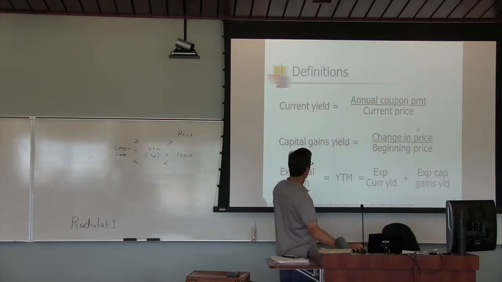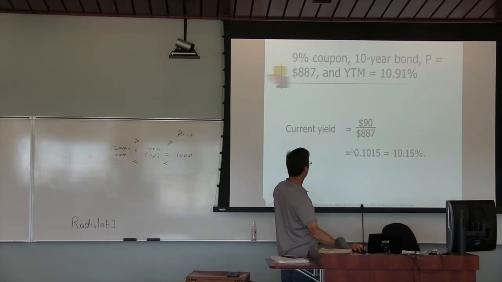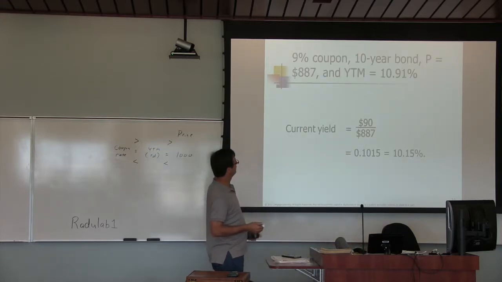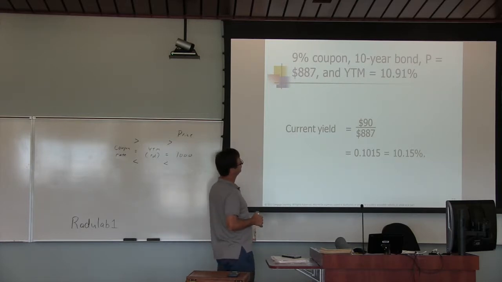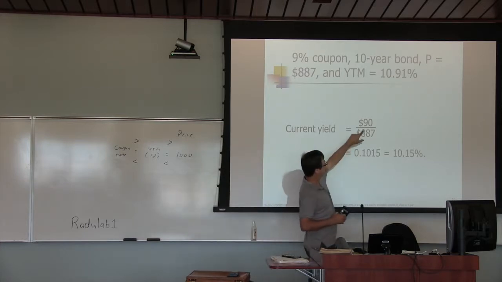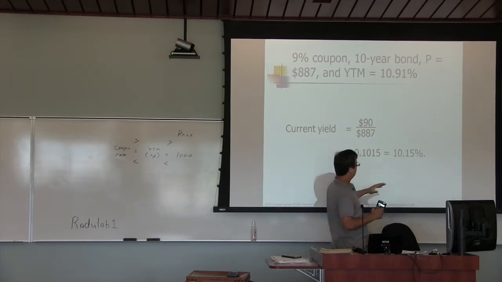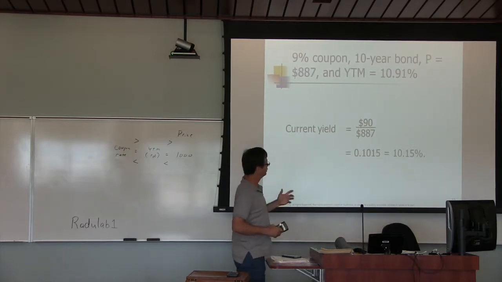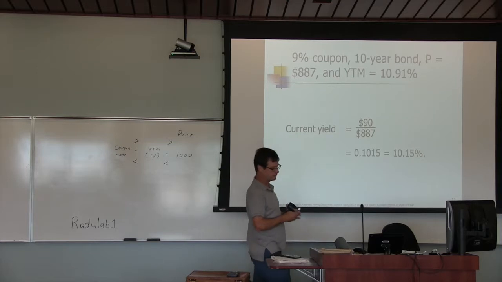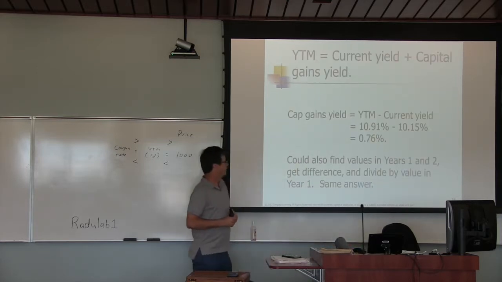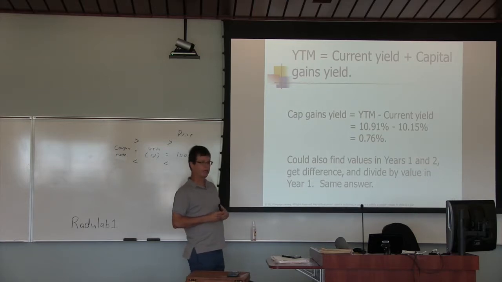All right, so we had our current yield and our capital gain yield, and we showed them last class in terms of the original example with the 10.91% yield to maturity. The current yield on that, 90 over the $887 price, comes in right here. It's the difference between that current yield and the yield to maturity that is coming to us from the annualized capital gains yield.